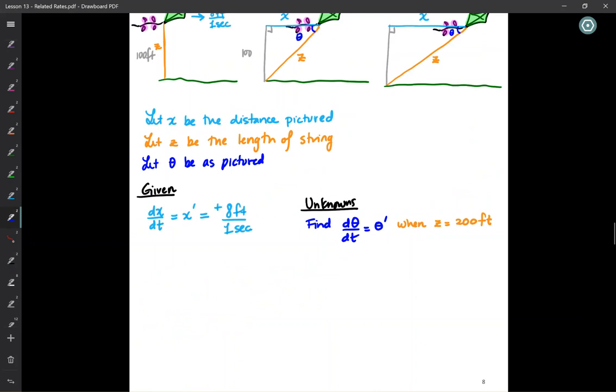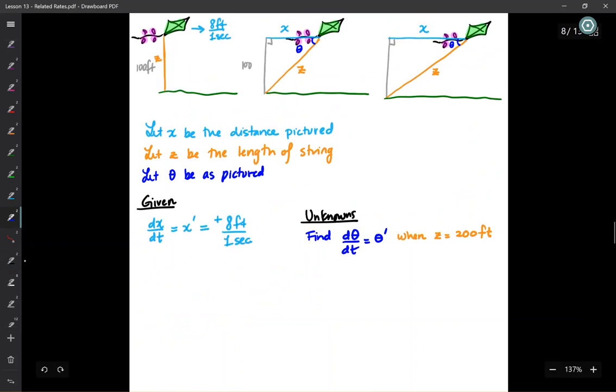Okay, so there are a lot of ways to relate these variables, and I want to discuss some pros and cons. If I look at my picture here, let's say what we're doing: relate the variables. Right, I want some equation that relates them. We've got 100. We have x. We have z.